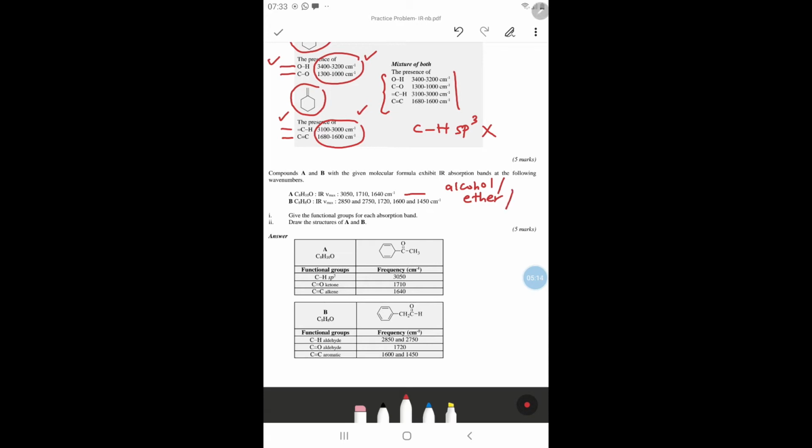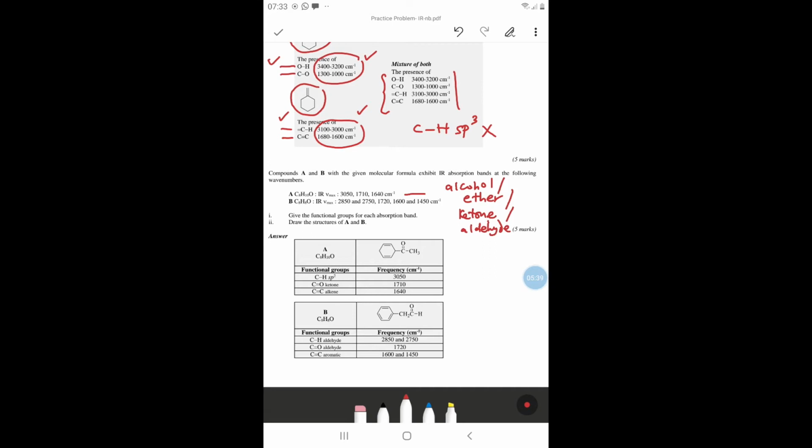And then it might be a ketone because of the one O. It might be an aldehyde. Okay, what else? Carboxylic acid, no. Amide, no. Ester, no. Acid chloride, no. So this is all the possibilities. Okay, now look at the frequency given.